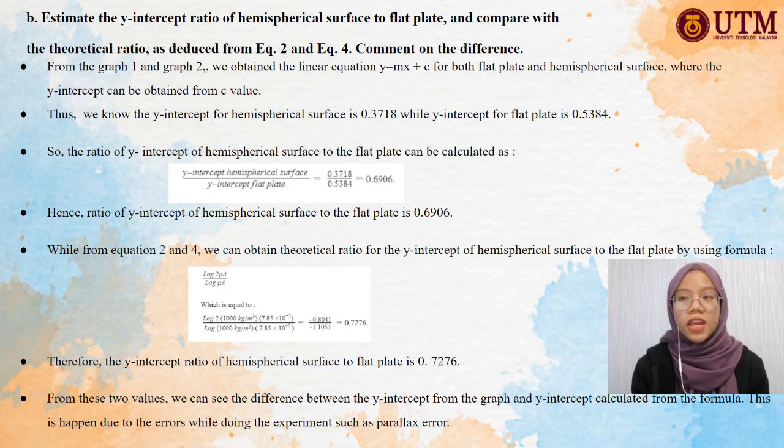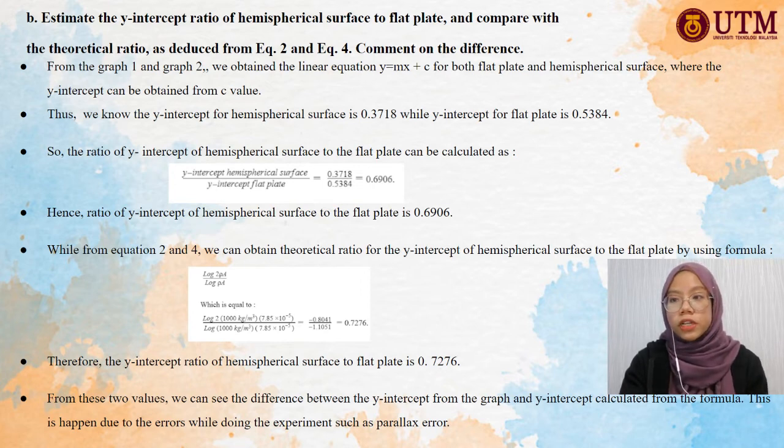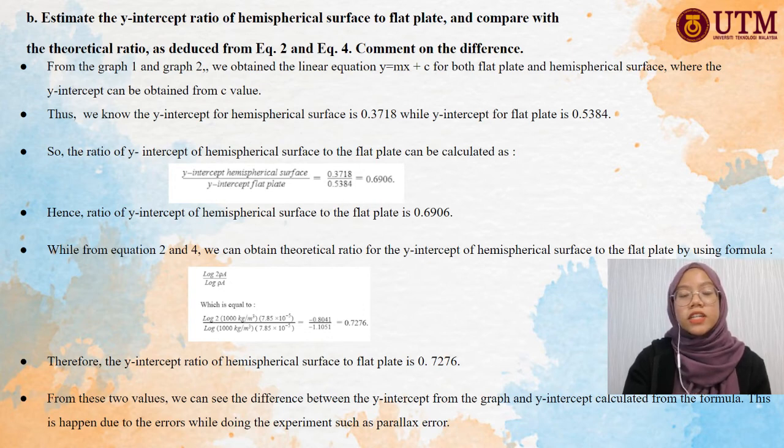0.6906. While from equation 2 and equation 4, we can obtain the theoretical ratio for the y-intercept of the hemispherical surface and flat plate by using the formula of log of 2 times density times A times V over log of density times A. So we obtain the y-intercept ratio of hemispherical surface to the flat plate as 0.7276 for the theoretical value.